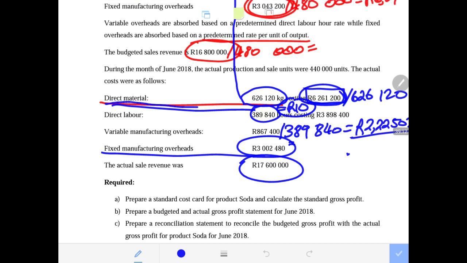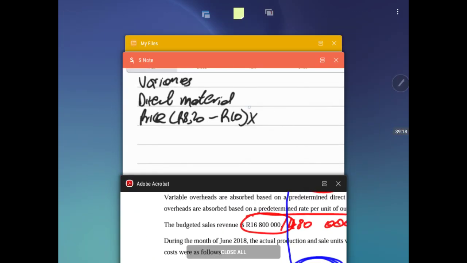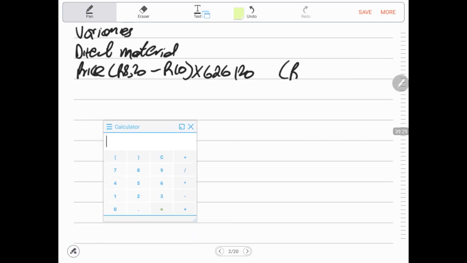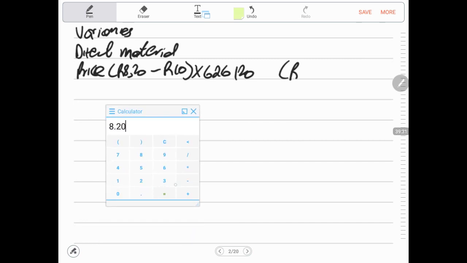Actual quantities that were purchased are 626,120. Then this will give us an unfavorable variance. 8 rand 20 cents minus 10 rand, times 626,120, and the variance is unfavorable.